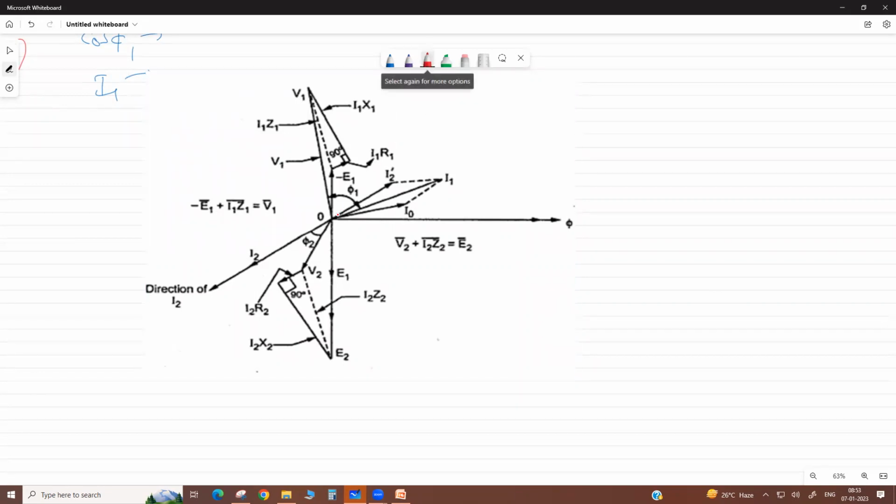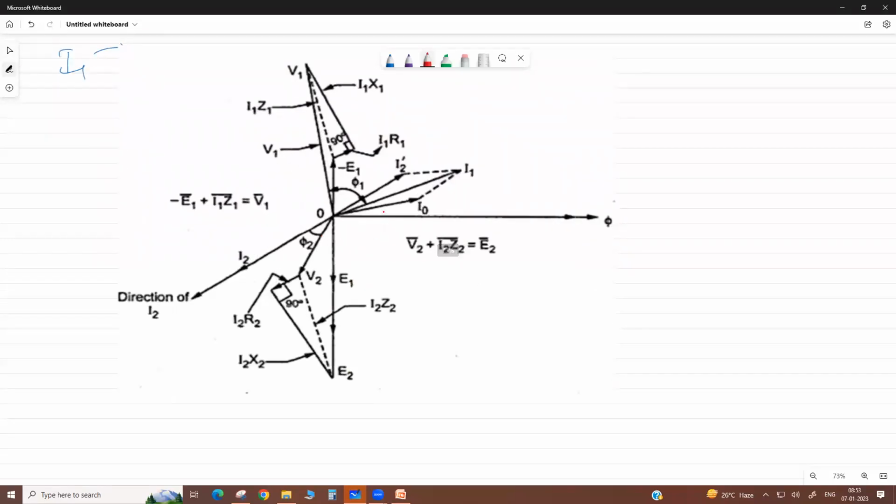Actually, when there is no drop, this V2 equals to... here it shows the secondary is the HV side. So see, now this is your secondary voltage, V2.